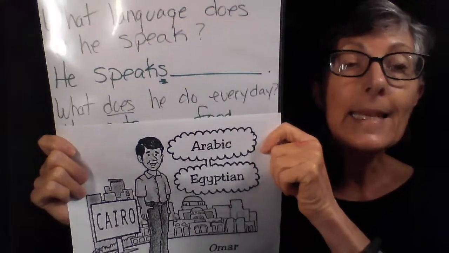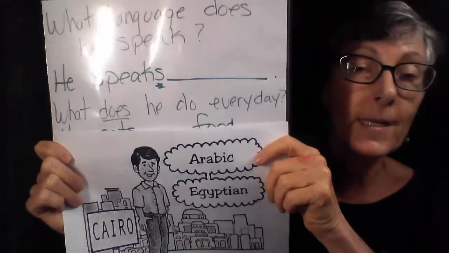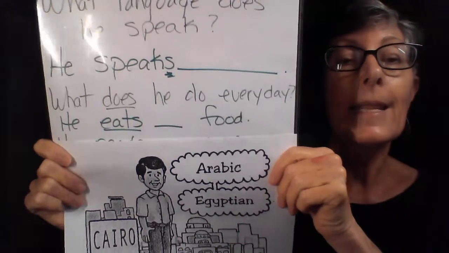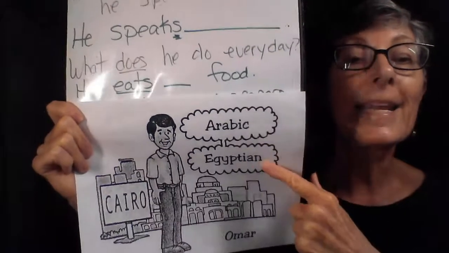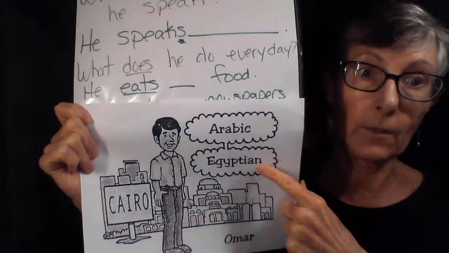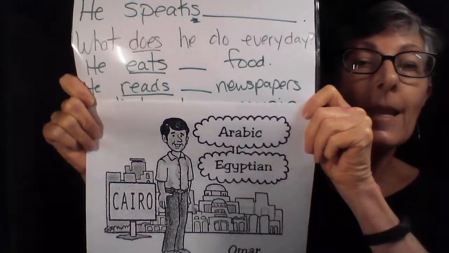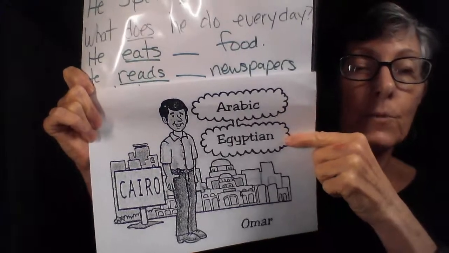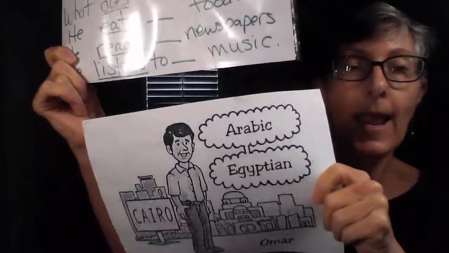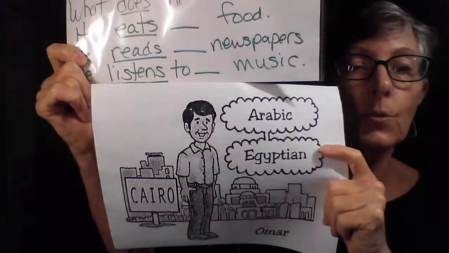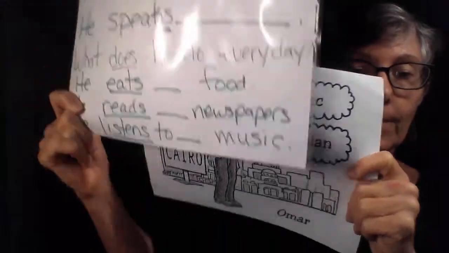What does he do every day? He eats Egyptian food. He reads Egyptian newspapers and he listens to Egyptian music.